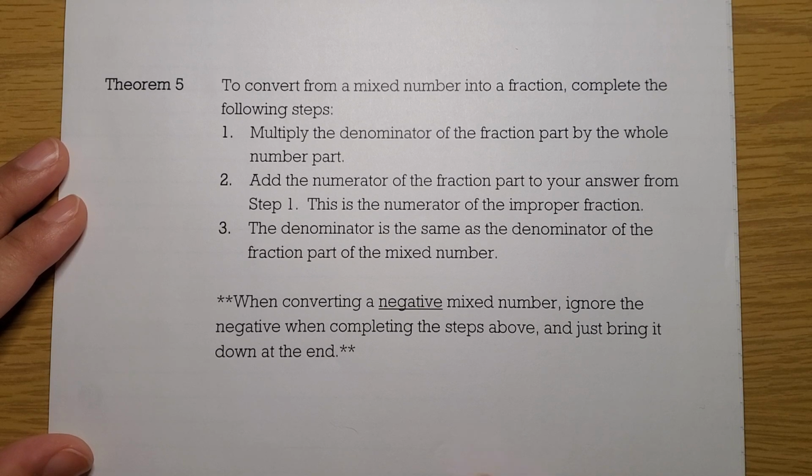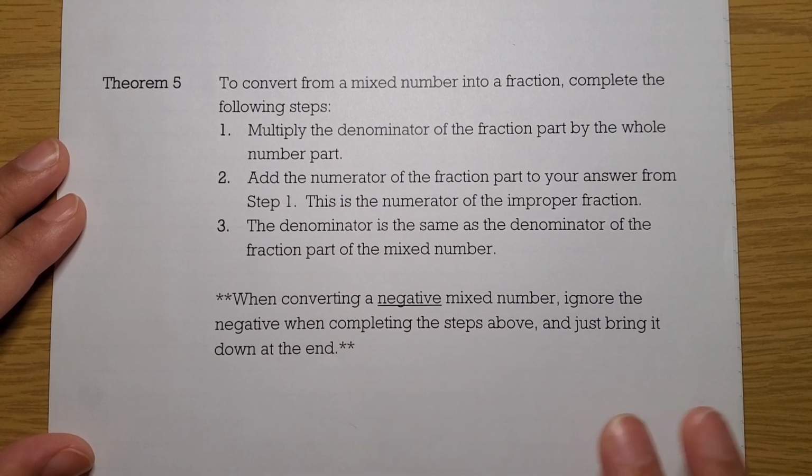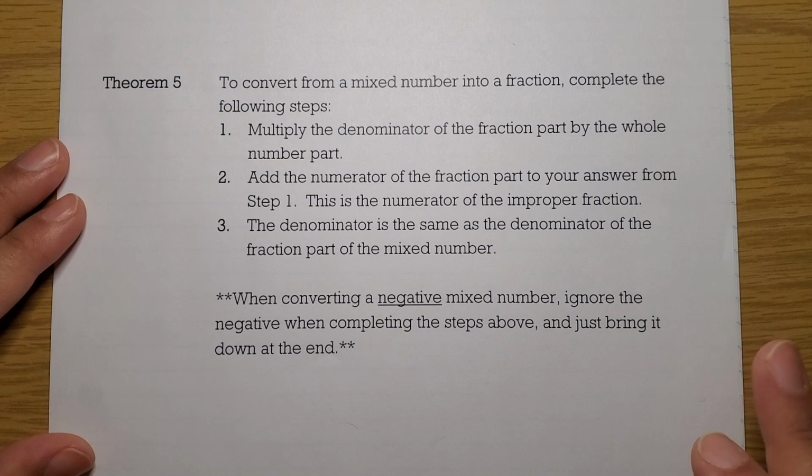So when you're converting a negative mixed number, that negative is applying to the entire fraction. So you can treat it somewhat like a label, actually. You can just do the converting, ignore the minus sign, and then put that negative back in at the end. So let's go ahead and work through a few examples together so we can see this process in motion.